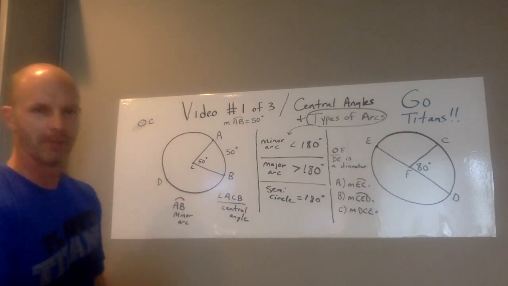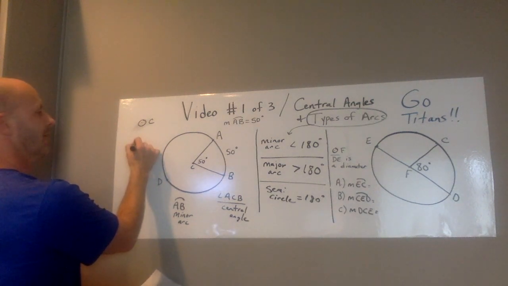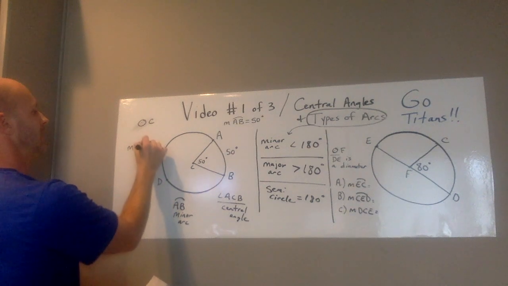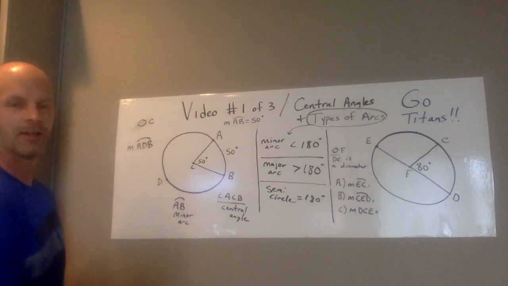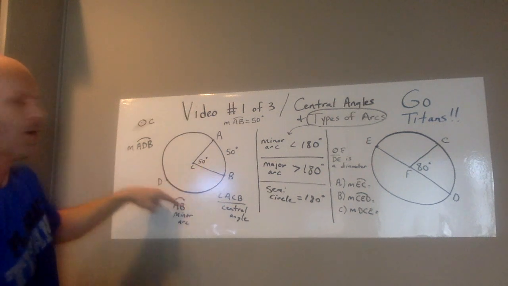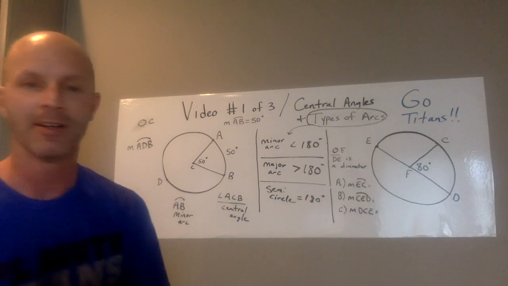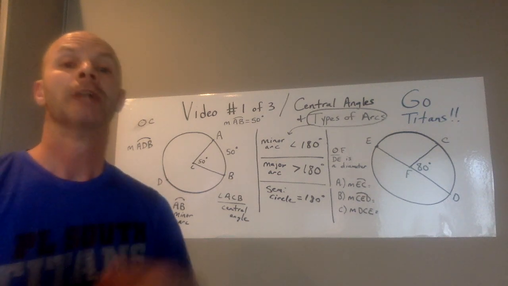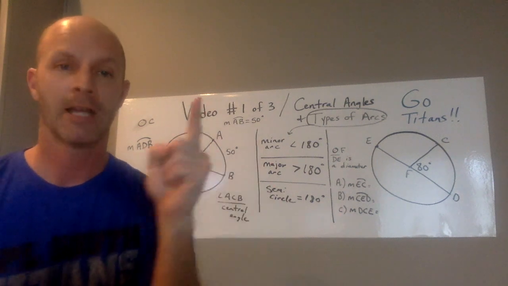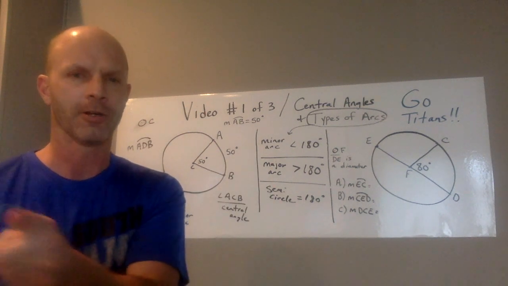Can anybody tell me what is going to be the measure of arc ADB? Arc ADB. Anybody know how many degrees that is? We'll give you a second to think about it. Arc ADB. Yes, I heard the answer. 310 degrees.